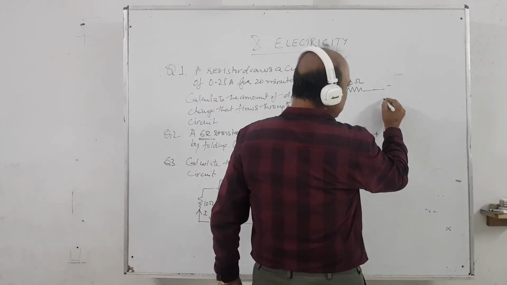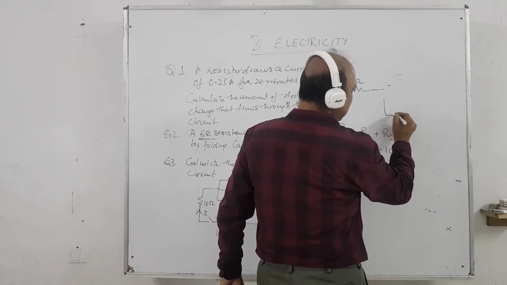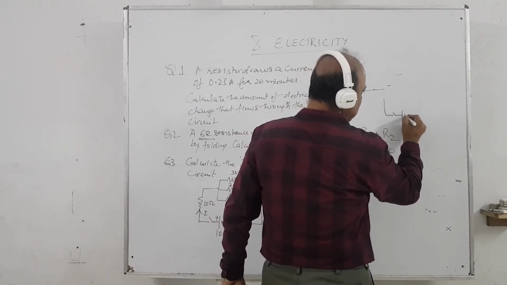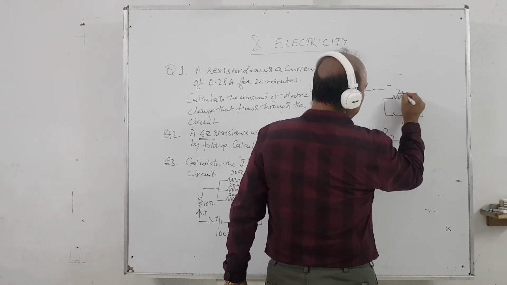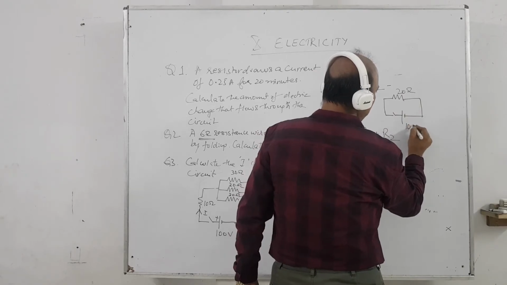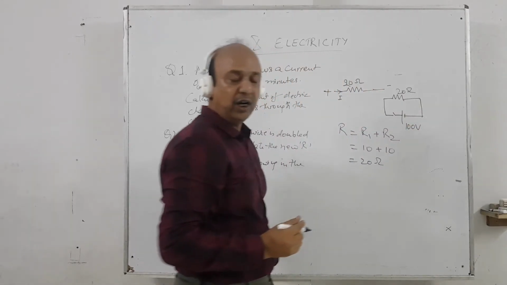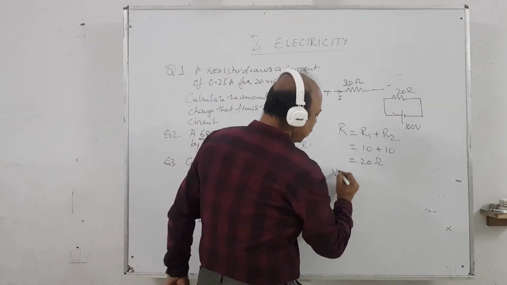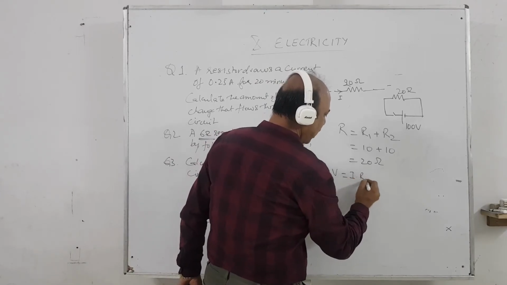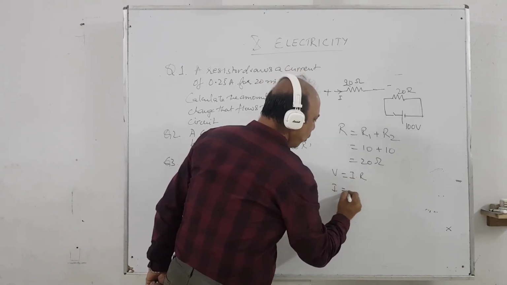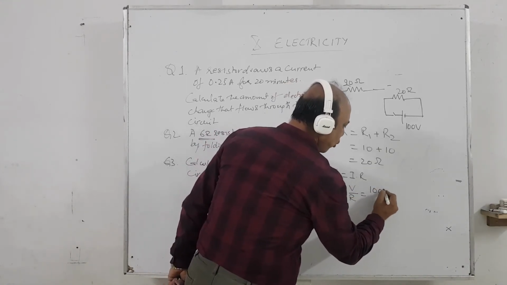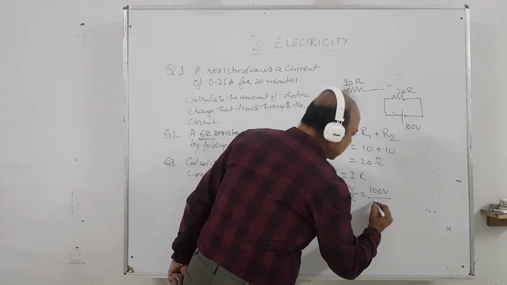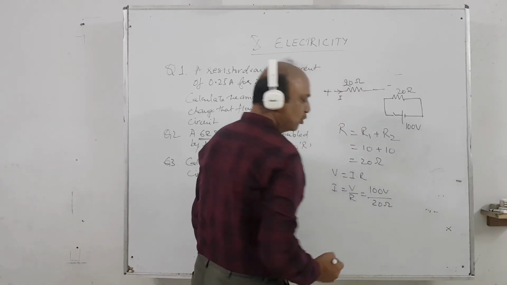Now my circuit looks like, this is the switch, this is the battery, this is the equivalent resistance of 20 ohms, this is 100 volts. So according to Ohm's law, V is equal to I into R, or I is equal to V upon R. V is given as 100 volt, R we have calculated as 20 ohms.